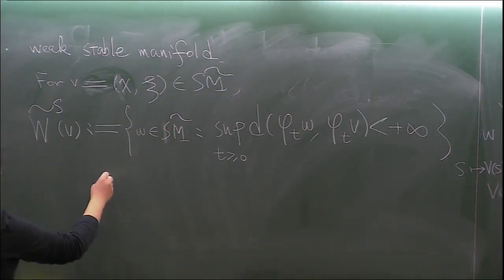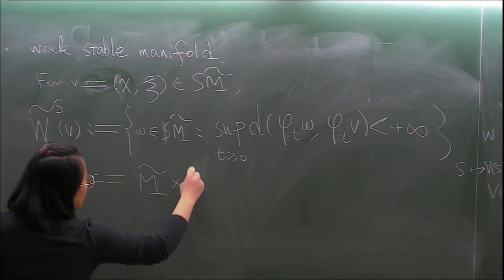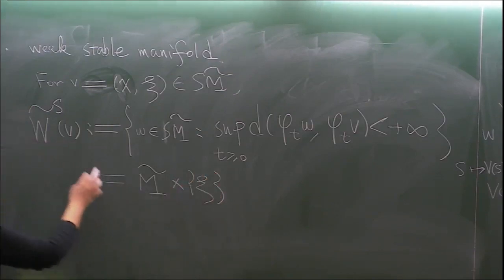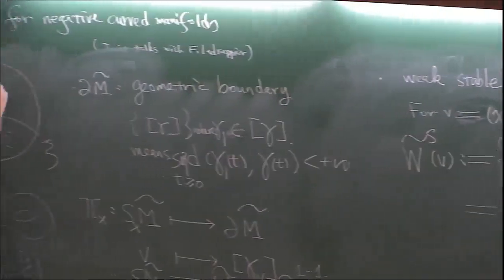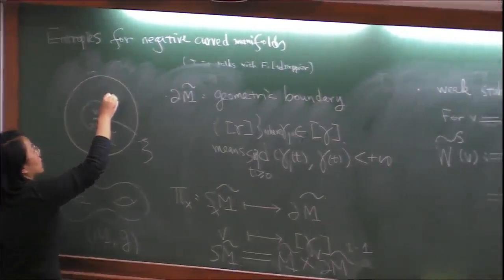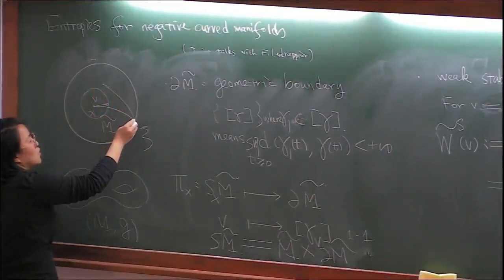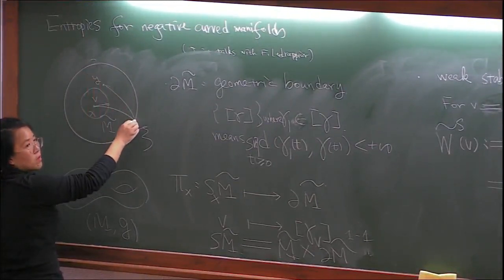You see this one actually can be identified with what? With M tilde times ξ. Because this v goes to ξ, and in the negative curvature case, for each point, you start from any point here, you will have a unique direction, so that unique geodesic connecting this point y and ξ, right?